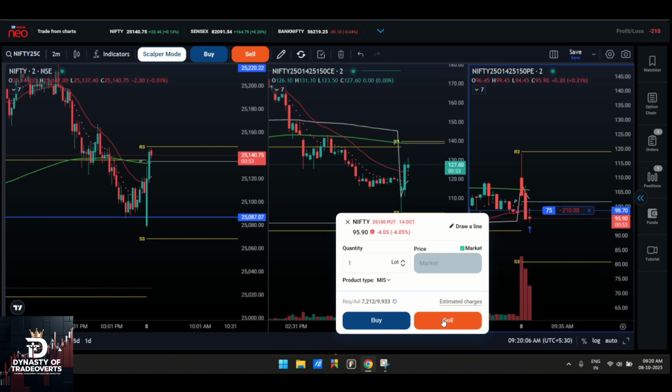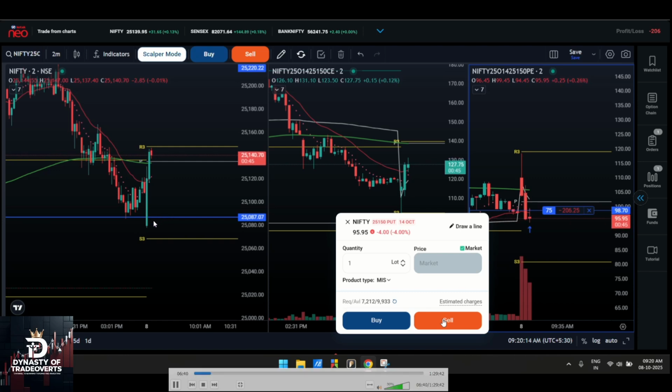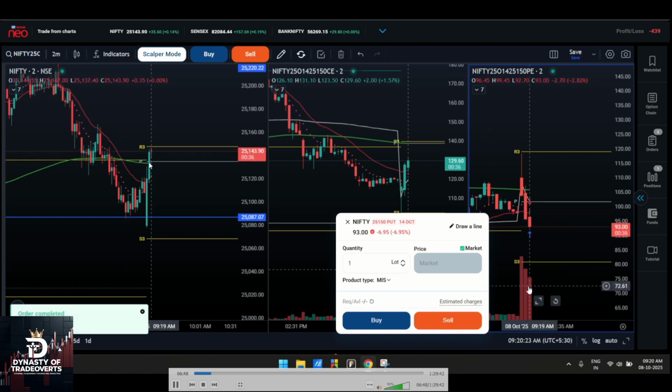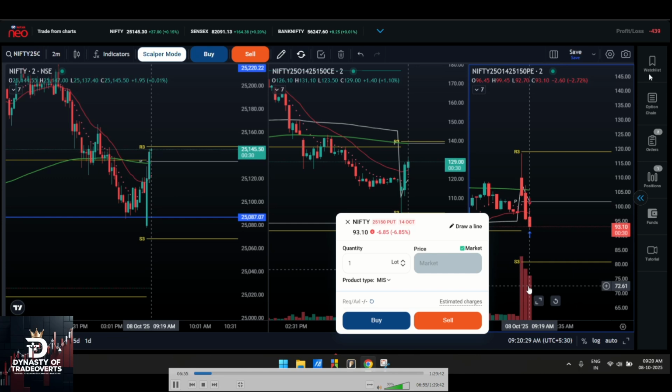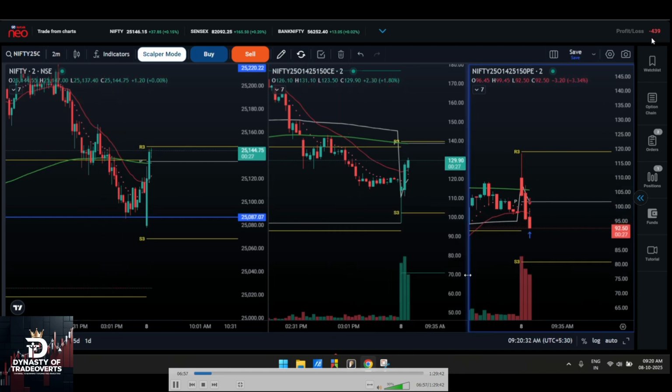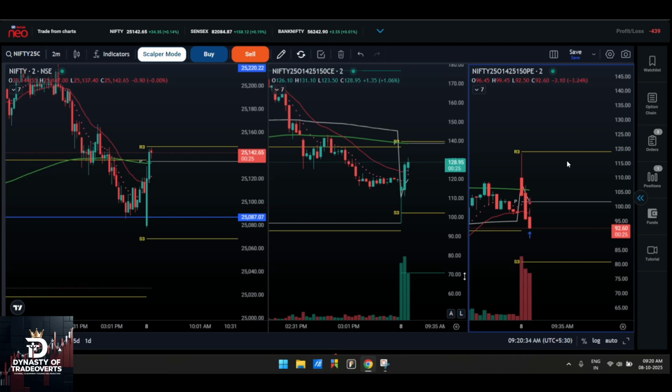I'm hoping there will be a rejection from the R3 level, but like I said, I failed to notice that the initial two candles are really big elephant bars, and it has managed to cross the 20 EMA, 200 EMA, and the pivot. So I exited the trade with 5-6 points. My loss is 439 rupees. So I'm waiting for another entry.